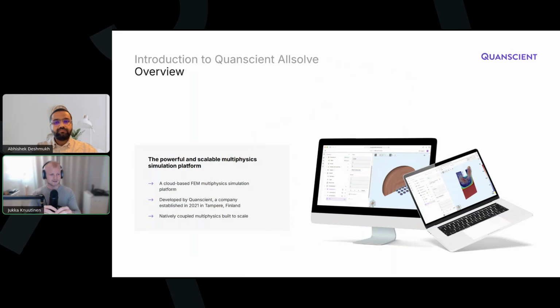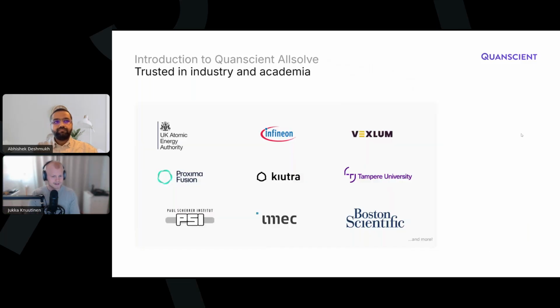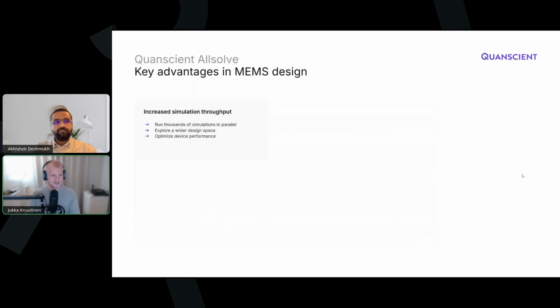Our core value is natively coupled multiphysics built to scale, which is very relevant to the topic of today. And it's trusted in industry, academia, startups, enterprises, everything in between, and some research organizations.